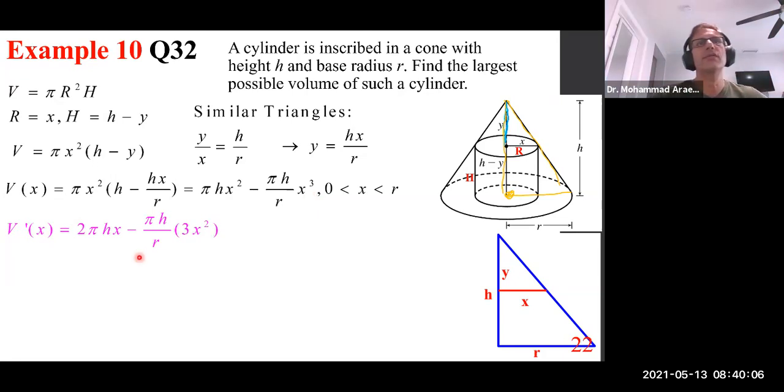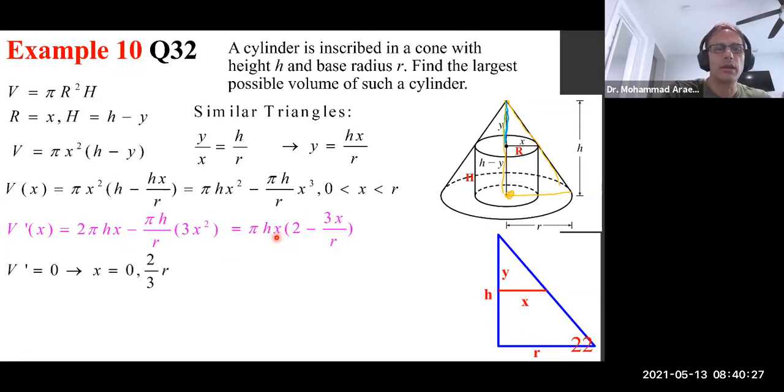So that's the derivative, and we can factor out pi hx. This gives us 2, and this gives us minus 3x over r, which means if we set v prime equal to 0, either x becomes 0 or this parenthesis becomes 0. If you set the parenthesis equal to 0, x is 2/3 r.